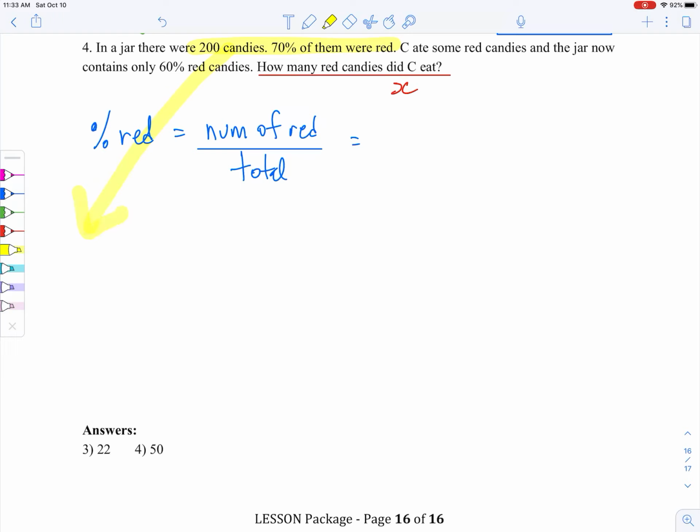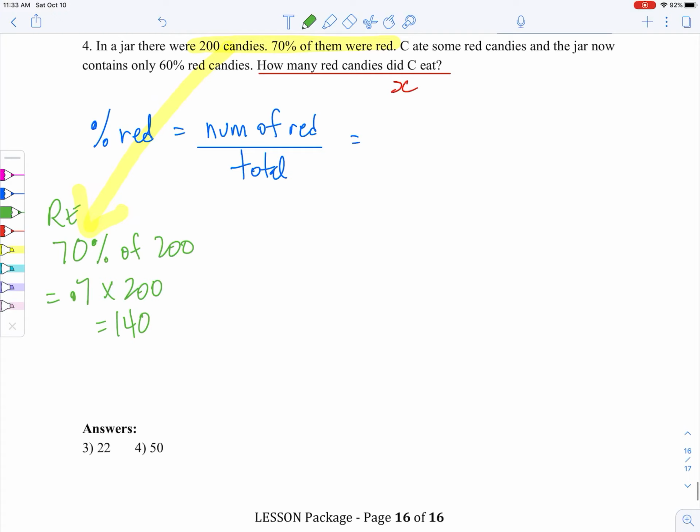So let's work that out down here. 70% of 200 means 0.7 times 200, which means 140 of them were red at the start. So we start with 140 of them, and then C eats some of them, so we're going to subtract away all the ones that they ate.